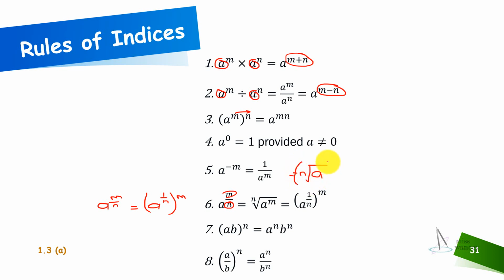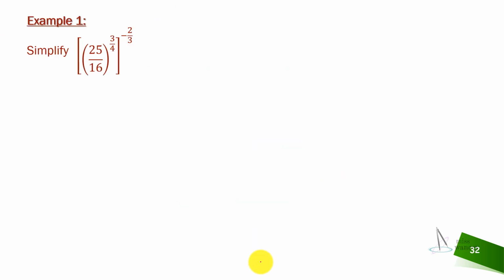And then everything to the power of m. Okay, so over here, if you want to expand some number, a times b to the power of n is a to the power of n, b to the power of n. If you have a over b to the power of n, it will become a to the power of n over b to the power of n.